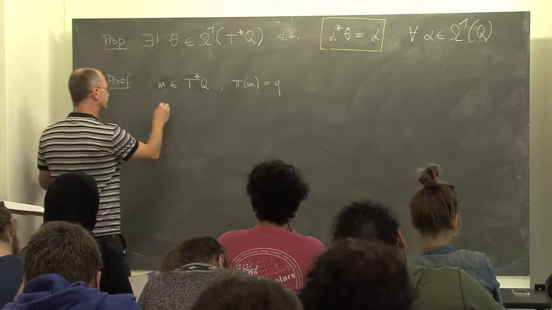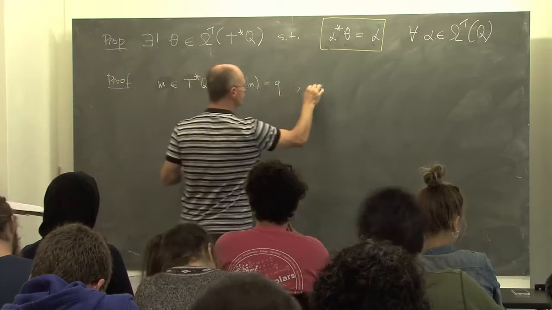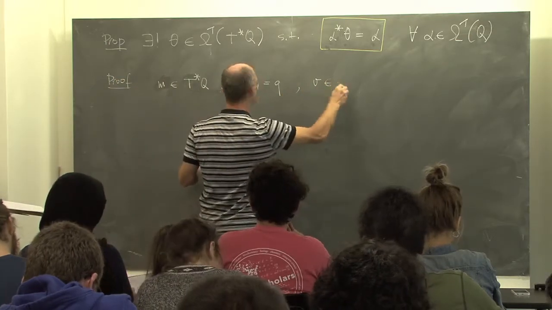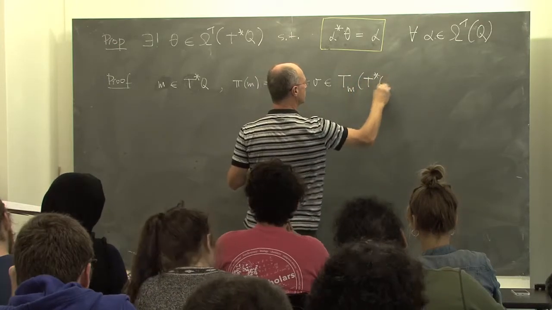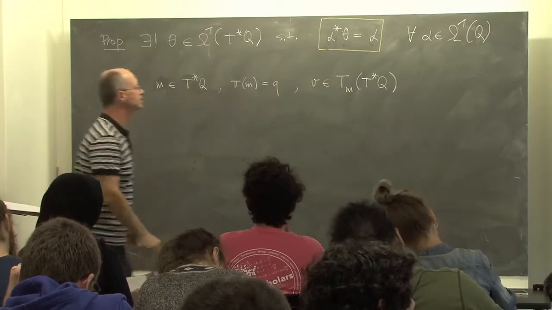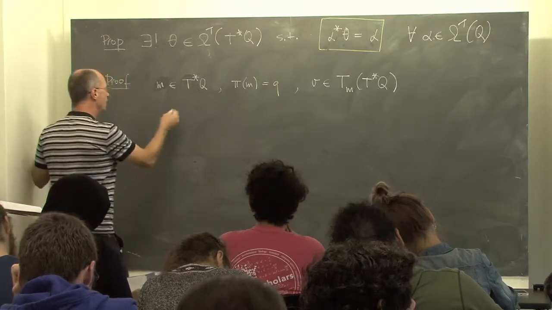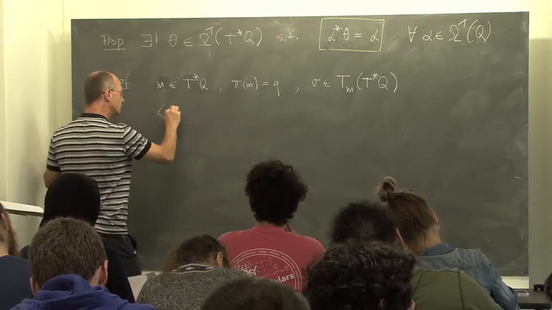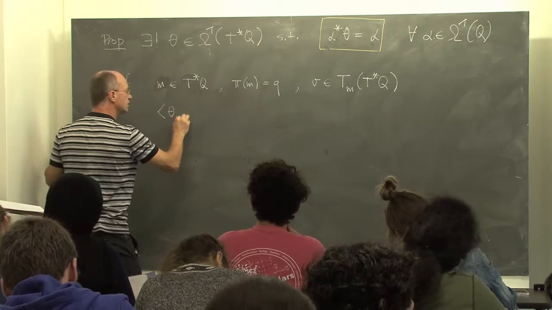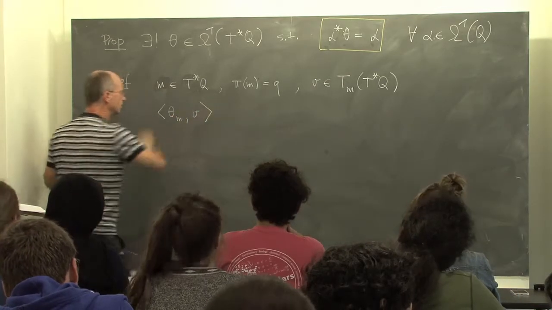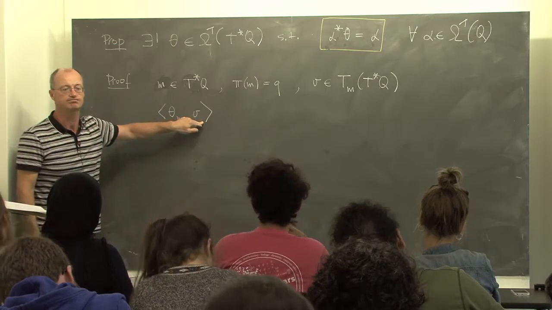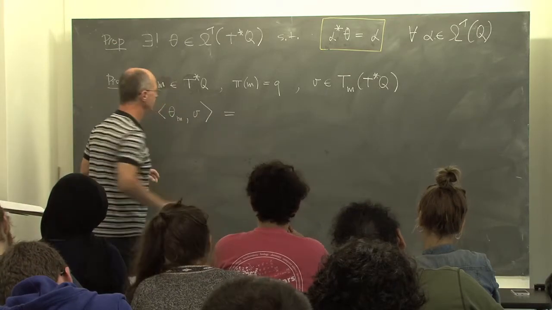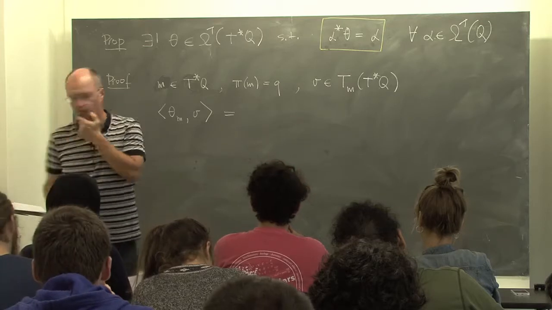And so we choose v in the tangent space at m of T star Q. And I need to tell you what will be the pairing between my one form and this vector. And I define it by the following formula.